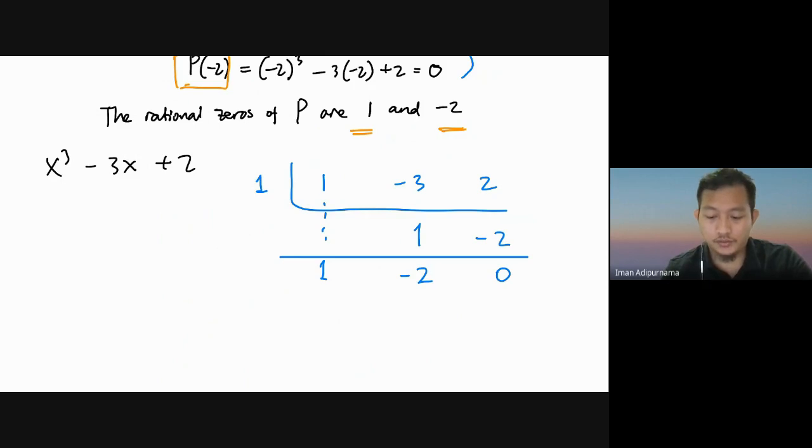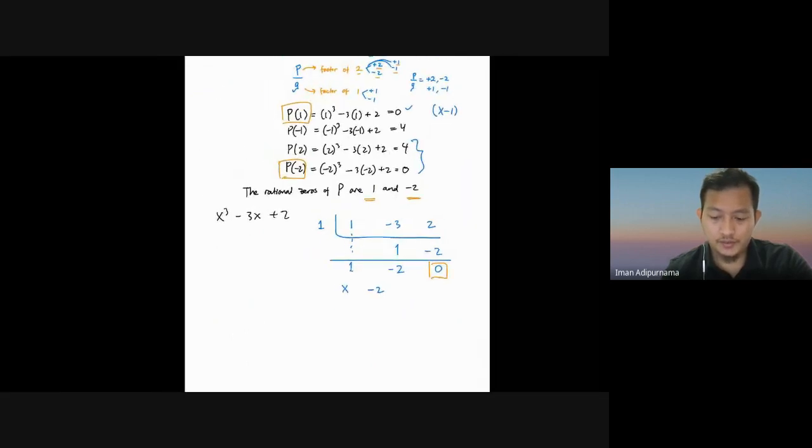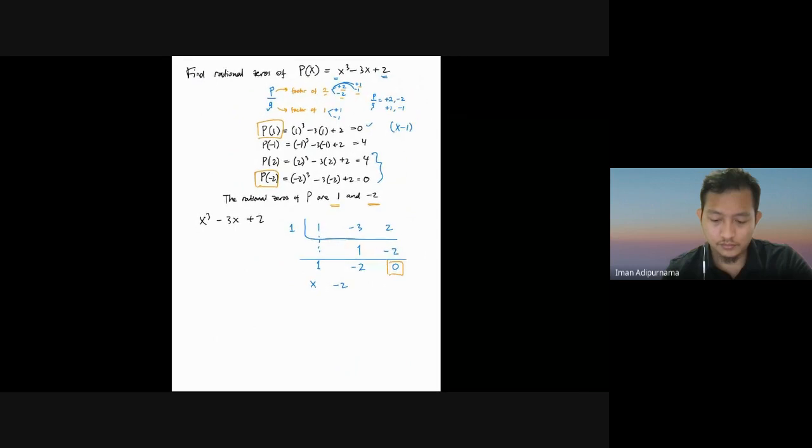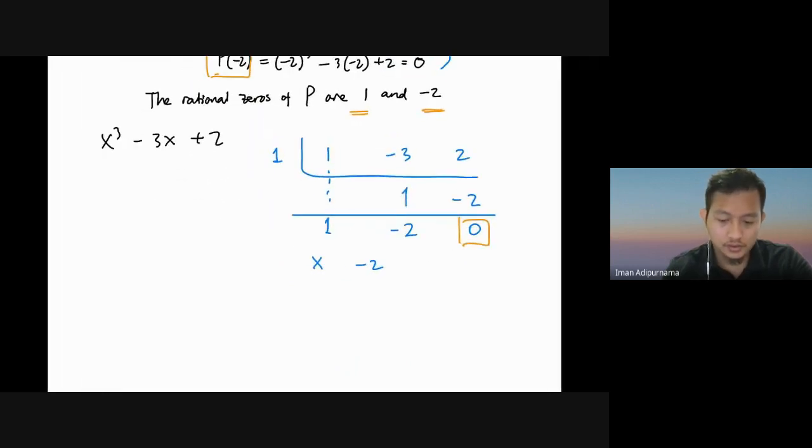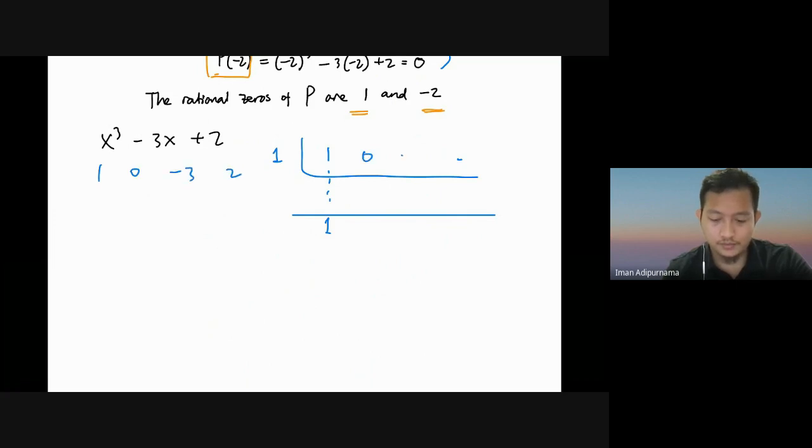The remainder is 0. Oh, sorry. This should be 1, 0, -3, 2. Okay. So this is 1, 1, 1, and then this is -2. Okay. Should be x squared plus x minus 2.